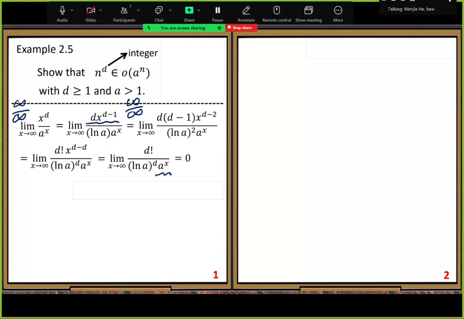With the continuous variable version 0, we can jump to the discrete variable version, so we get a little o.